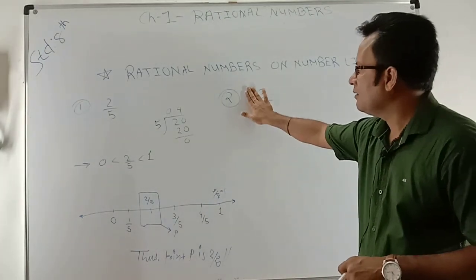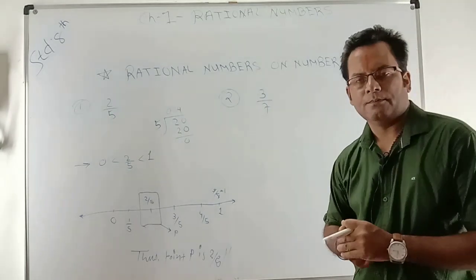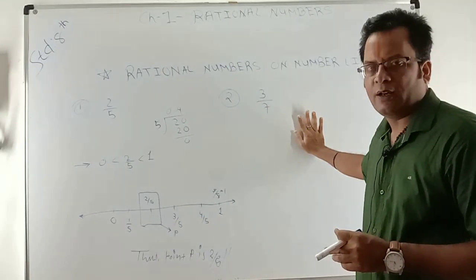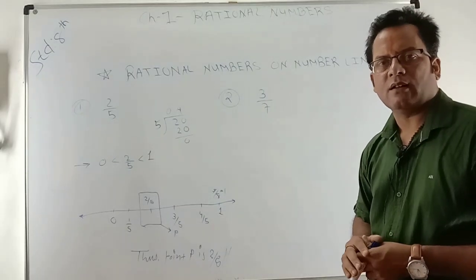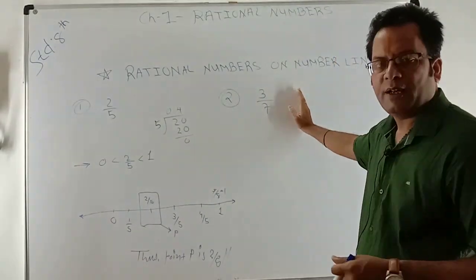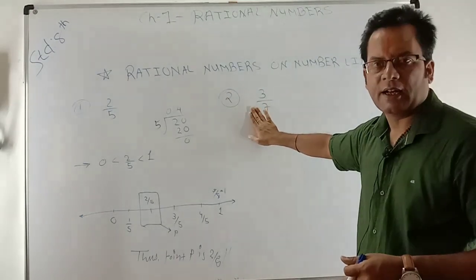You avoid the sign. Suppose this is positive, okay, then this will be lying between 0 and 1. Now you just make the opposite of it. So it will be 1 and 0, and you put the sign negative.